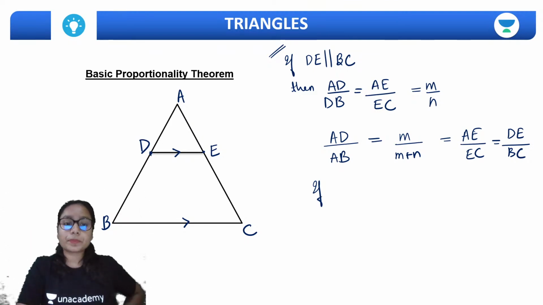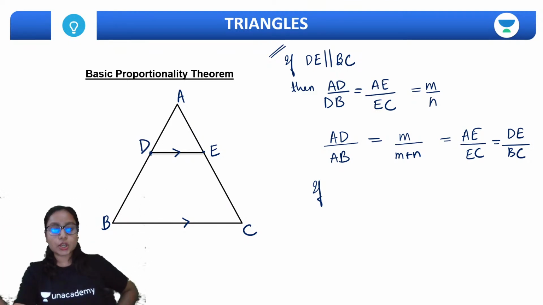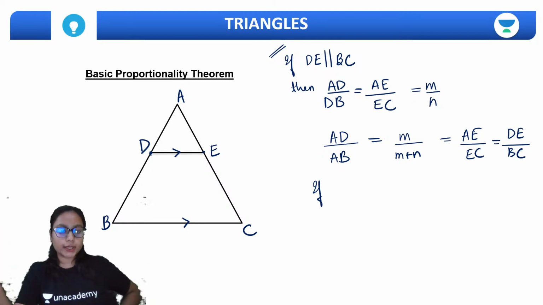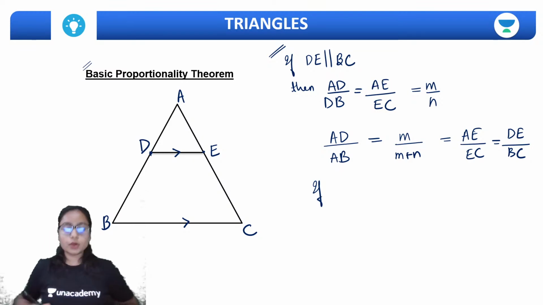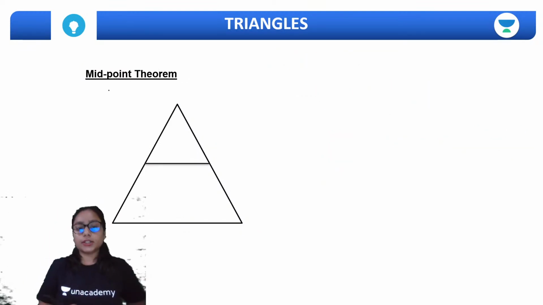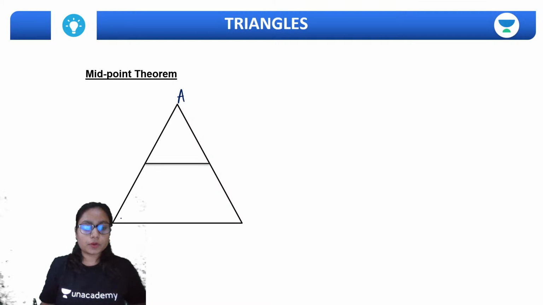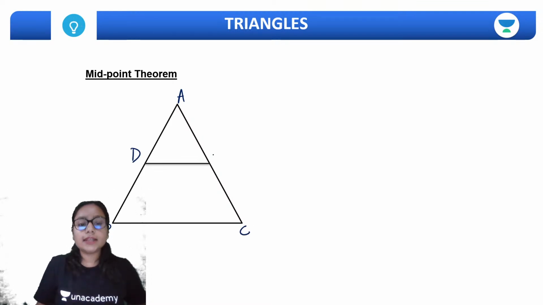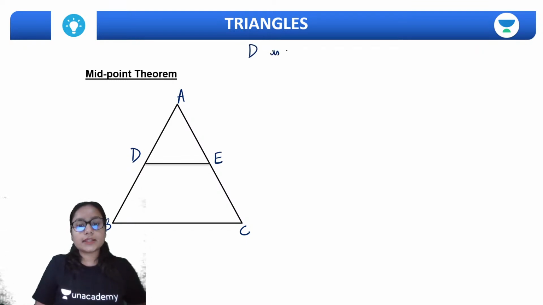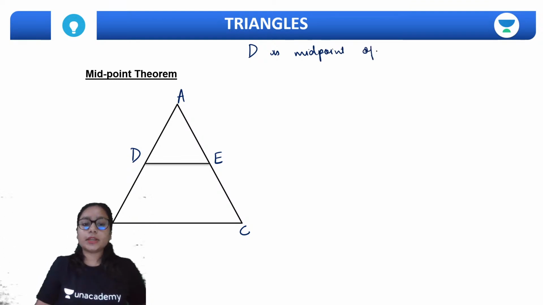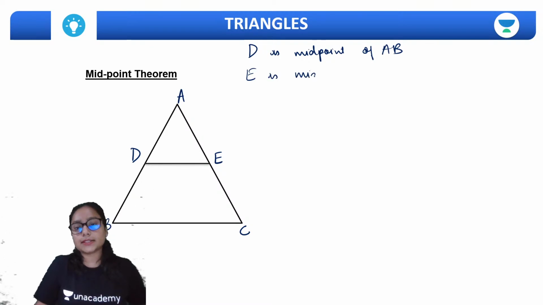Now let's see one thing. The next theorem that I am going to discuss, the midpoint theorem, is an application of the basic proportionality theorem only. In this theorem, if you have a triangle ABC, D and E are the midpoints of AB and AC. It is given that D is the midpoint of AB, and E is the midpoint of AC.